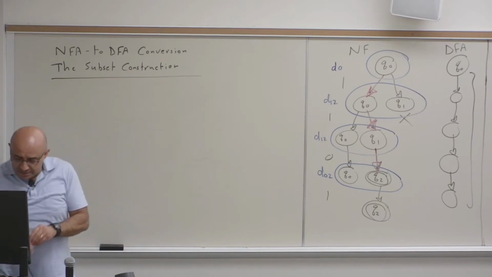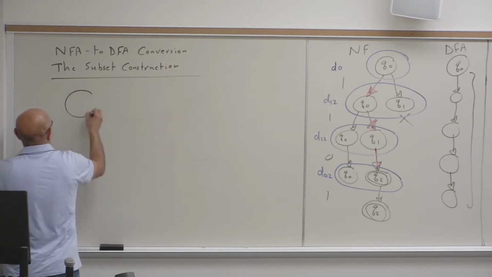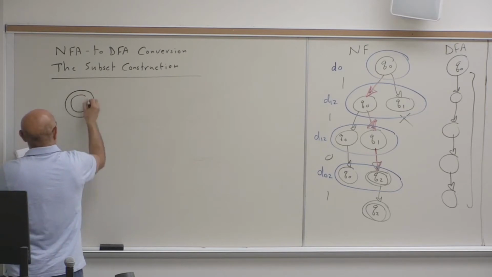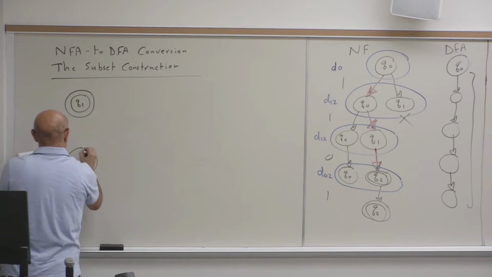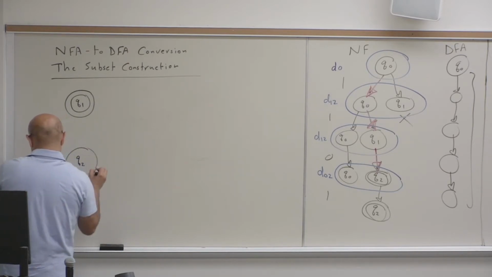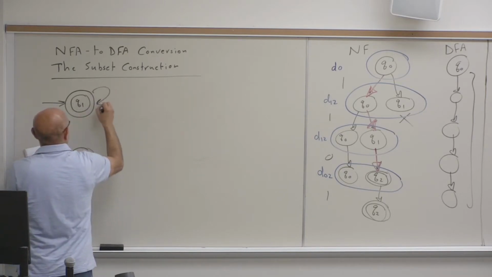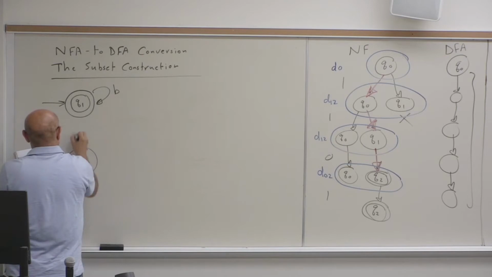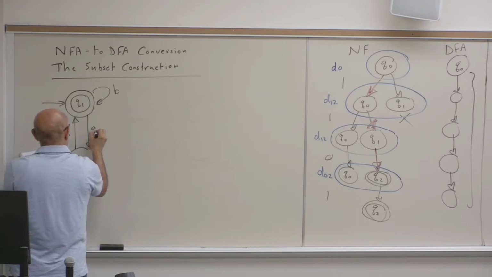So let's take this concrete example. Q2, and a transition on B, and I have a transition on B and a transition on A or epsilon.